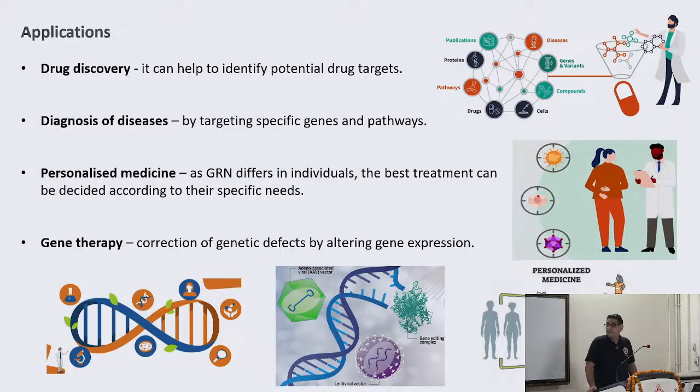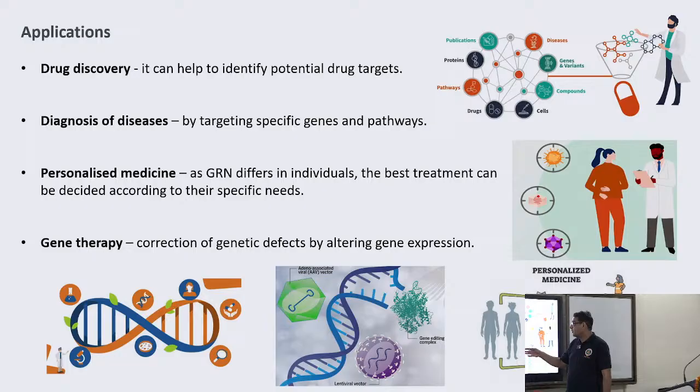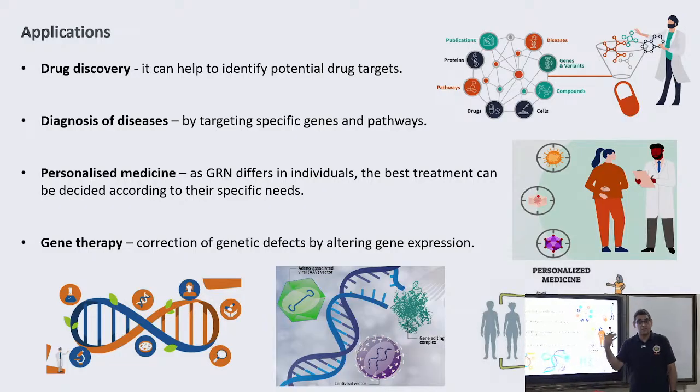These days the physicians will not give medicines without the antibiotic sensitivity test. If they have to give antibiotic, they will do the antibiotic sensitivity test. You might have seen, I know that there is a lot of antibiotic resistance, so our body is not able to, the antibiotic is not able to give effect to that. So they do the antibiotic sensitivity test. So when you talk about personalized medicine, that also comes under that.